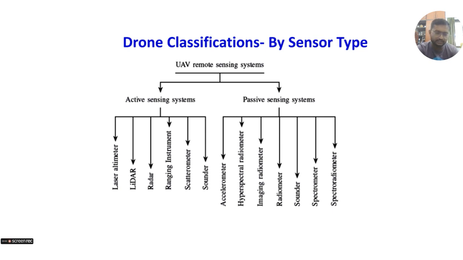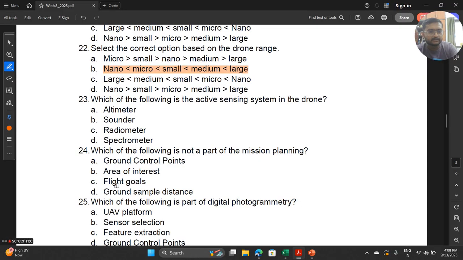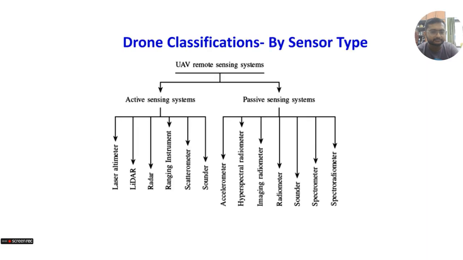Radar is also an active sensor. Then ranging instruments, where light goes and comes back, we measure it and calculate the distance. Then there are scatterometers and sounders. In this case, sounder and altimeter both come as active sensors.